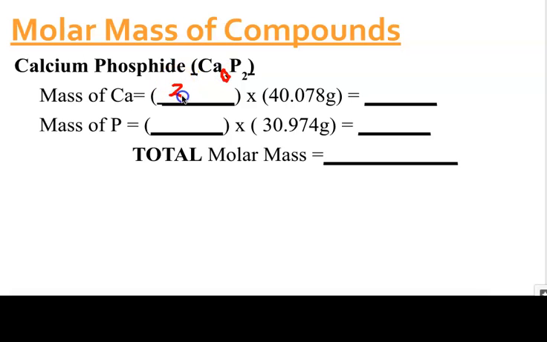So 3 times 40.078, 3 times 40.078 is equal to 120.234. And then I've got 2 of the phosphorus multiplied by 2 times 30.974 is equal to 61.948.